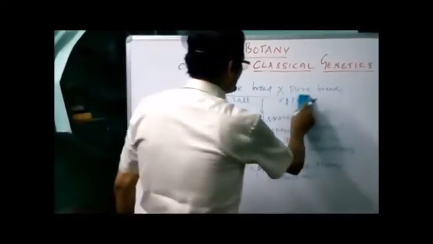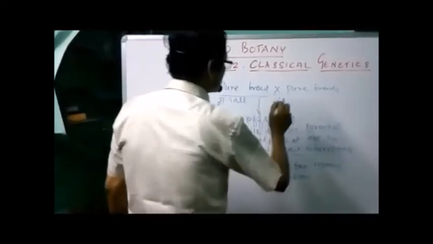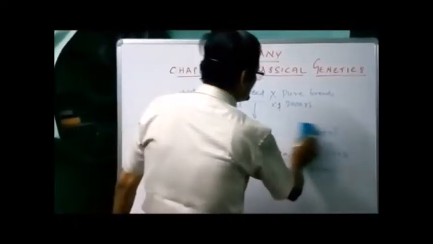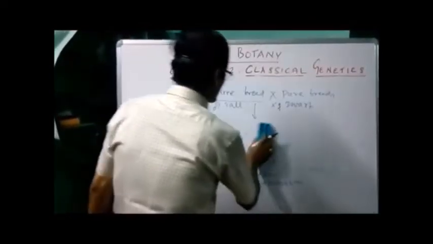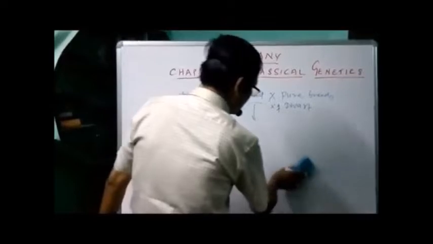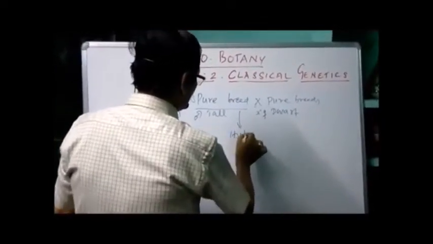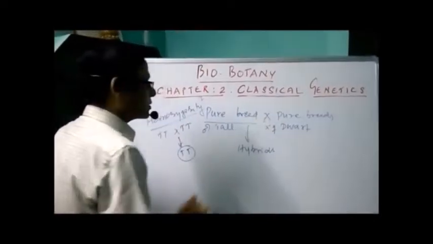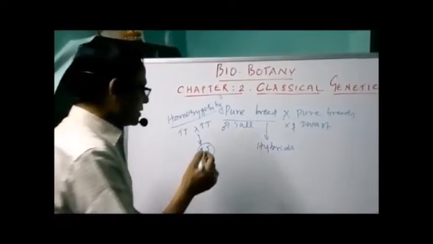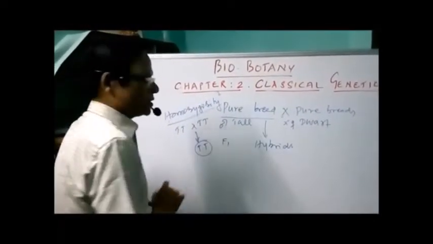Suppose we are making a cross between two different varieties of the same trait. For example, I am taking tall versus dwarf. So it is a cross between two different varieties of the same trait, namely the height. It creates what are called hybrids. The hybrids form the first generation.